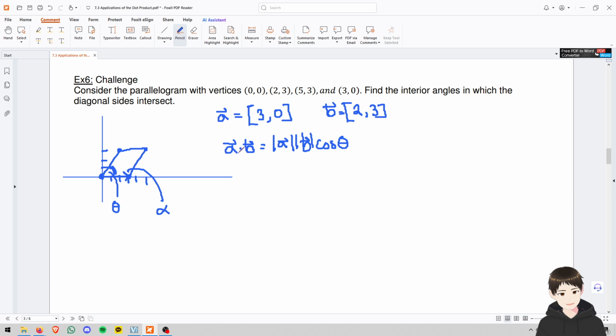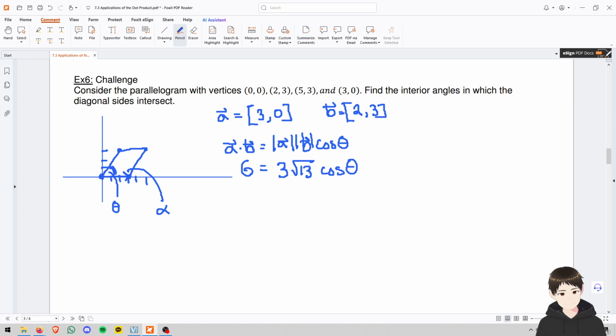Just like the previous question, let's solve A dot B using the other definition. 3 times 2 is a 6. 0 times 3 is a 0. So 6 plus 0 would be a 6. The magnitude of A would be 3. The magnitude of B is 4 plus 9, root 13. Cosine theta.